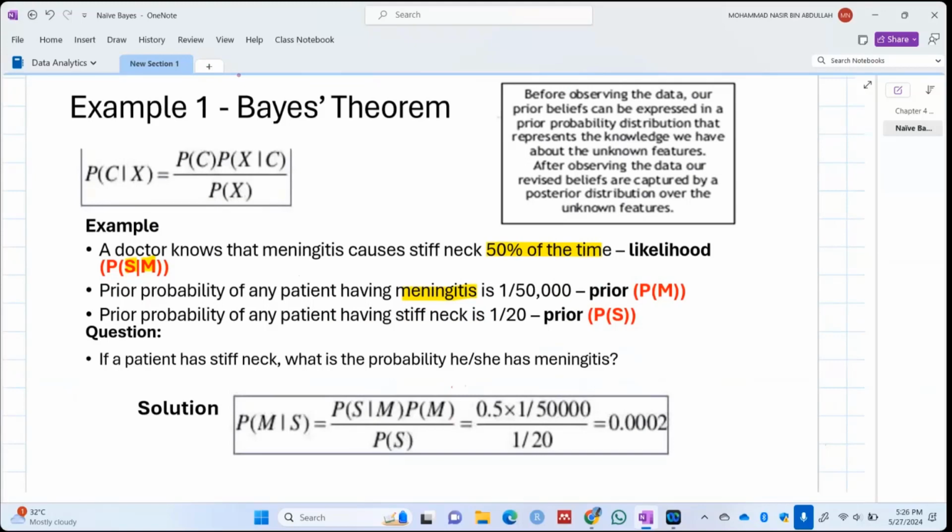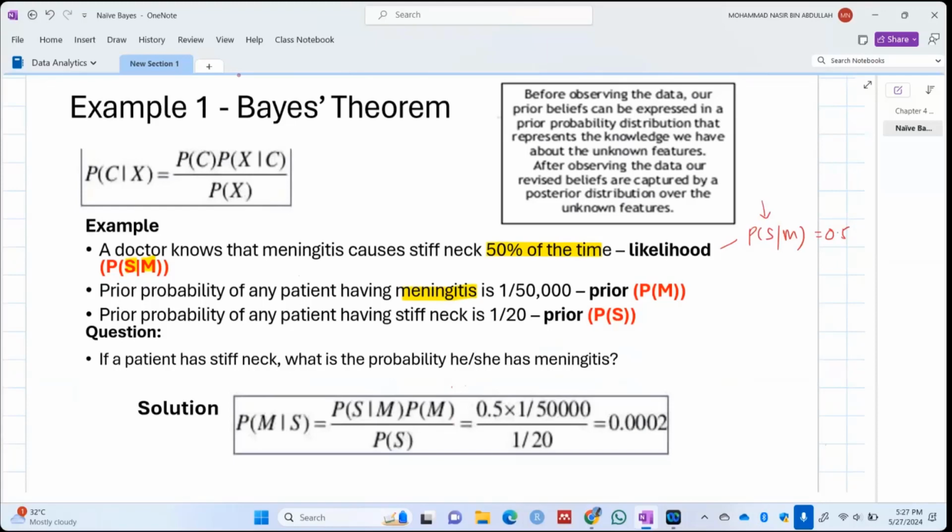So a doctor knows that meningitis causes stiff neck 50% of the time. So this is the probability of stiff neck given meningitis. We know that meningitis already happened. The probability of causing stiff neck is equal to 0.5. This is the value that we know.